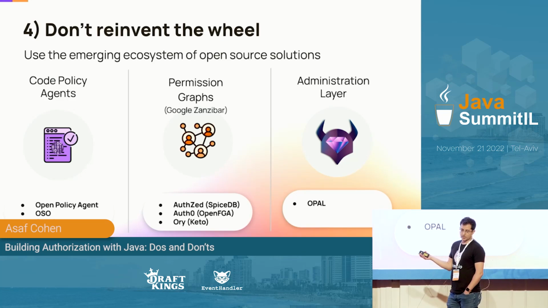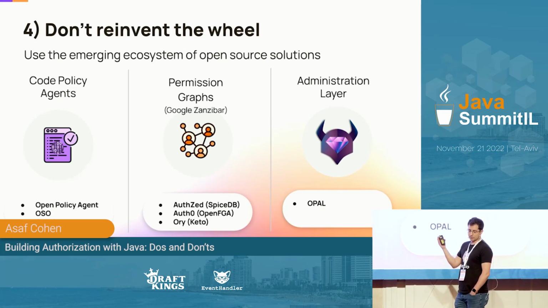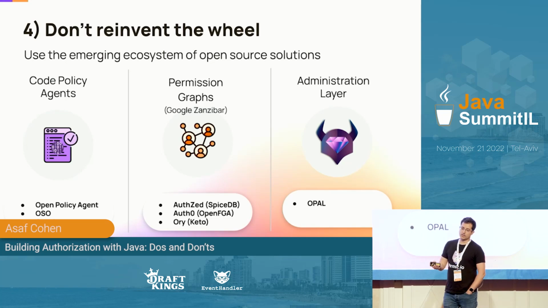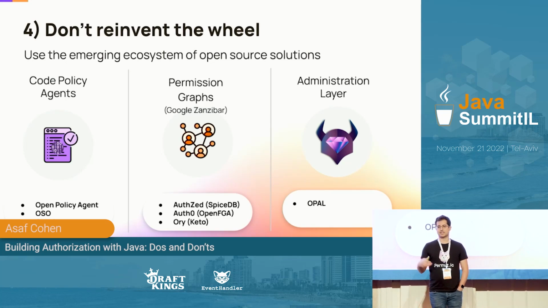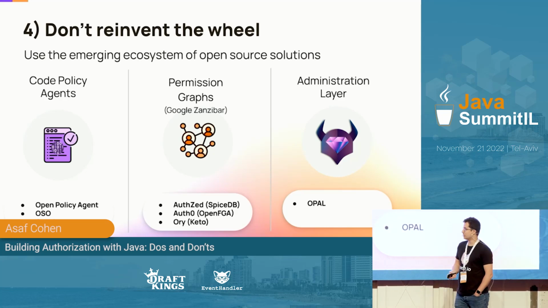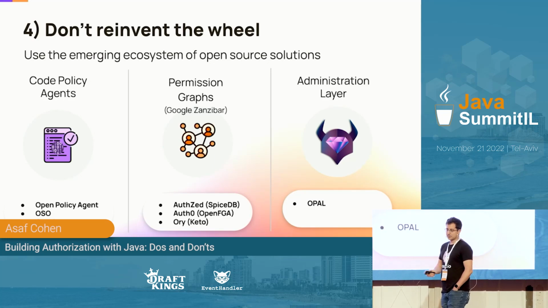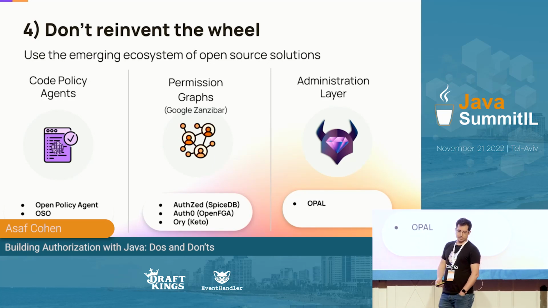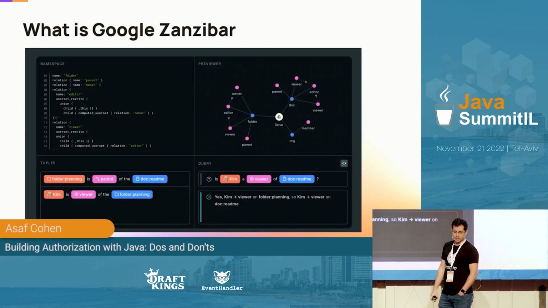So there's projects like AuthZ SpiceDB, Auth0 OpenFGA, or Ricoh. All of these will enable you to implement Google Zanzibar into your system. And finally, there's administration layers. Currently, I'm only aware of OPAL, but maybe more will emerge as open source as well. So this is your ecosystem. You can build with that.